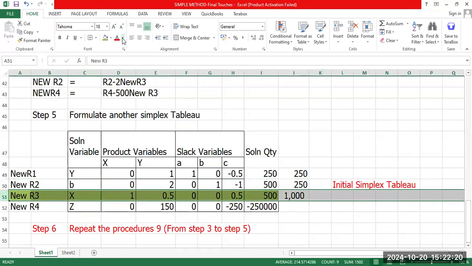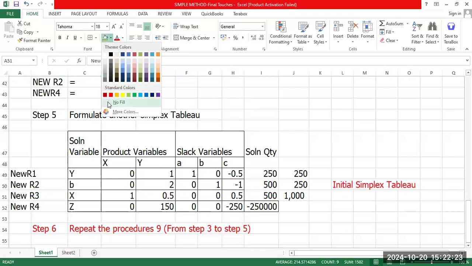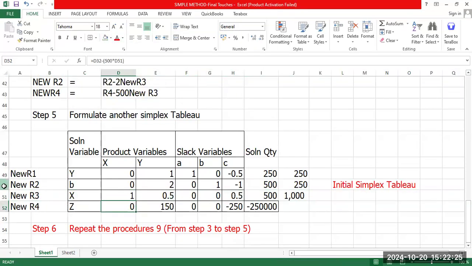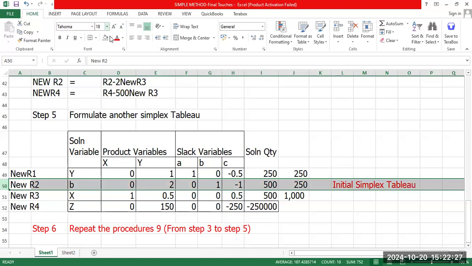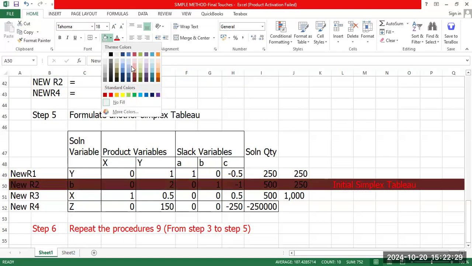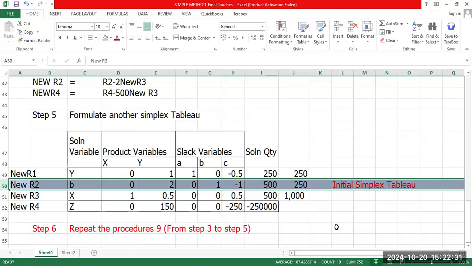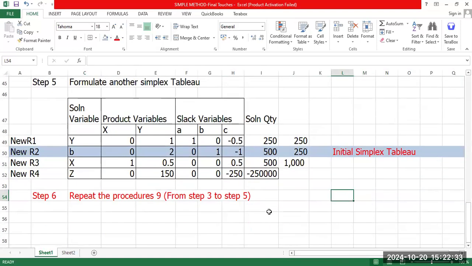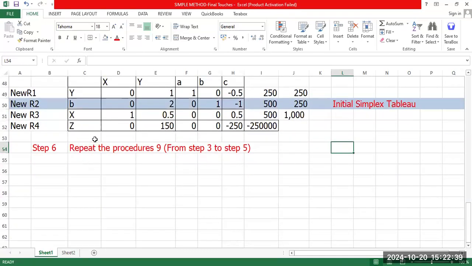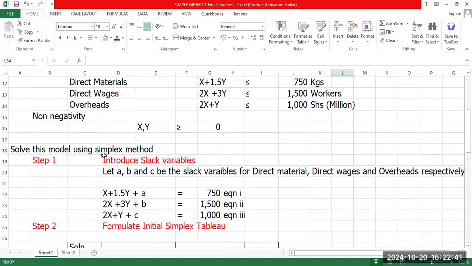I can remove this now. And I say this is my pivot row, because that's where my focus is. So I'm done with step 3.